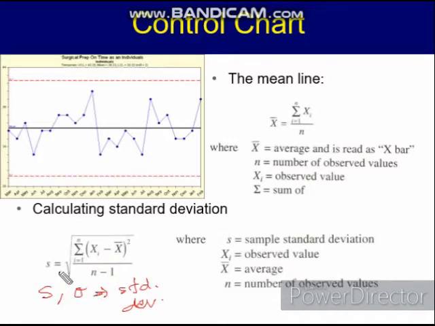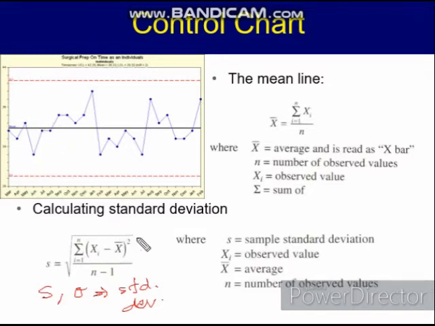So the standard deviation is equal to the square root of the summation of xi minus x bar. So x bar is the mean, xi is the individual data. So basically this is the summation of every individual data minus the mean. This data minus the mean, this data minus the mean, this data minus the mean.